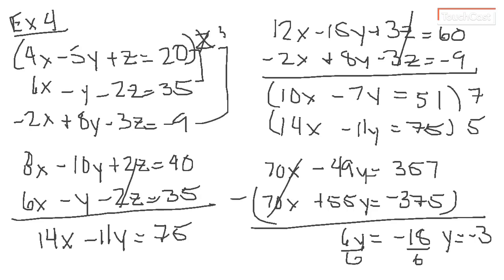So now we're going to take one of those two equations in our second system we made. I'm going to take the 10x equation, plug negative 3 in to figure out x. So we know that y was negative 3. If I go 10x minus 7 times negative 3, we know that should equal 51.